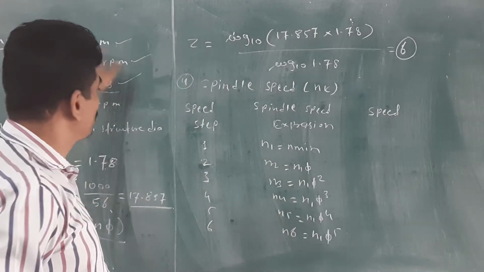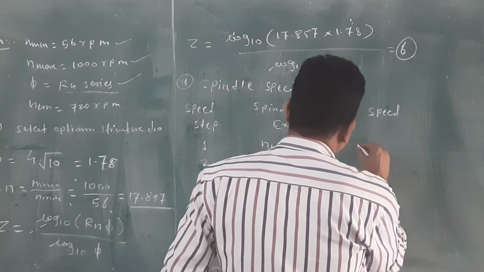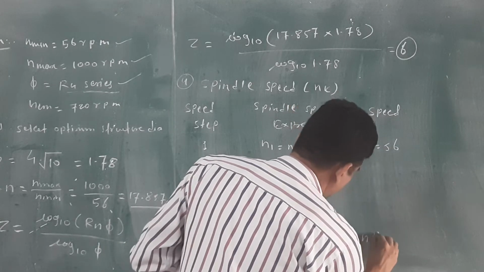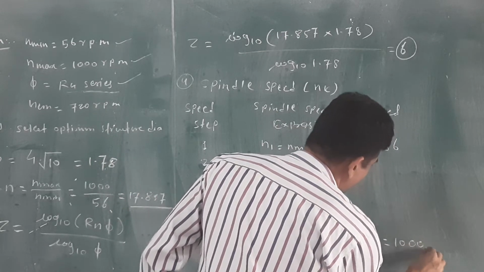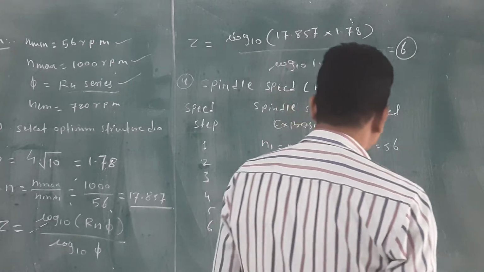We know n minimum is 56. Then you will get the different speeds. n1 is equal to 56, which is the minimum, and finally you will get n6 equal to 1000. We want to achieve the maximum spindle speed. n6 is 1000.